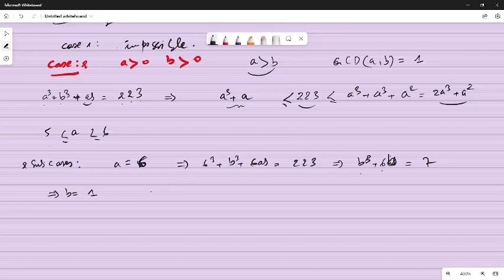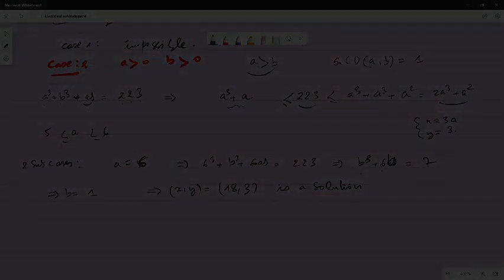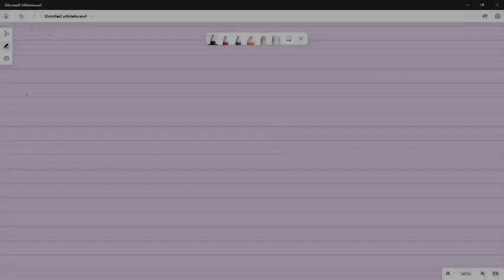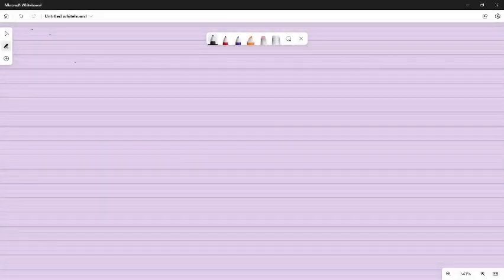And then (x, y) equals (18, 3) is a solution, because remember we have x equals 3a and y equals 3b. So now we come to the other subcase where a equals 5.